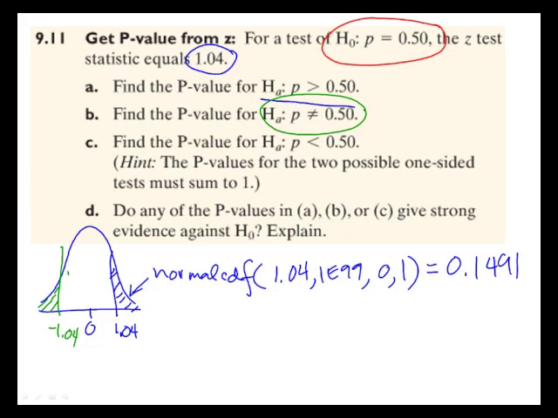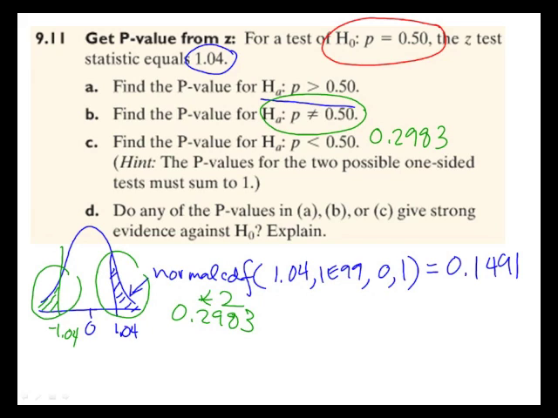But then we want both this green tail and the blue tail, right? Even though I haven't drawn it perfectly, they should be symmetrical, which means you just double this one. We'll multiply by 2, and we'll get 0.2983. Any questions on that?